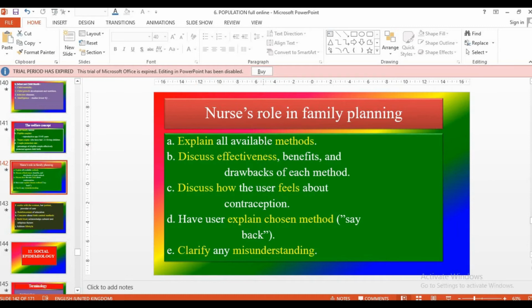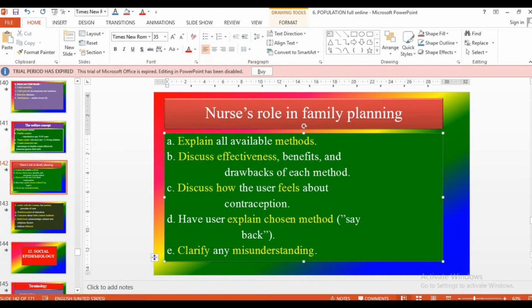A, explain all available methods, for example, intrauterine devices, pills, how to administer contraceptives, surgical procedures, and condoms and how to use them. All the methods should be explained.